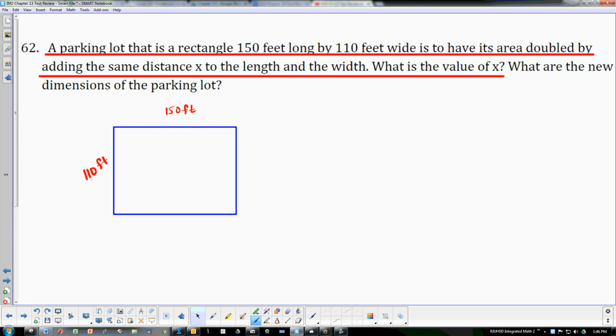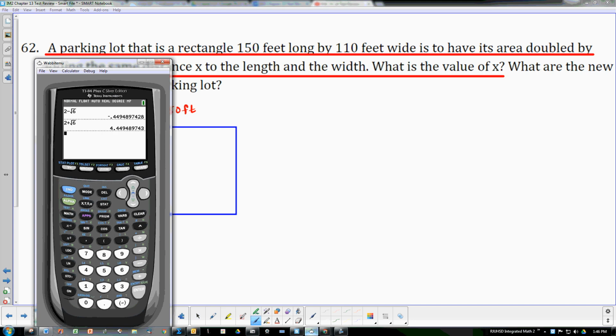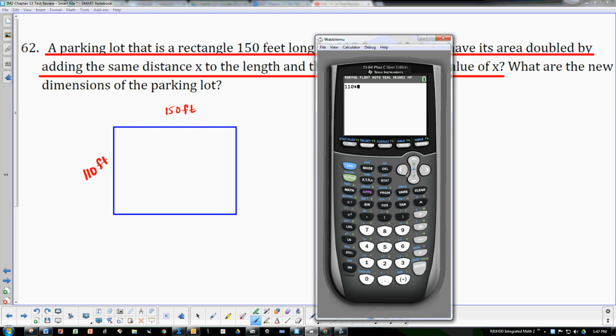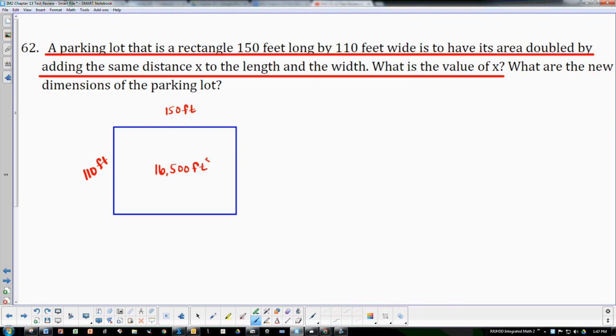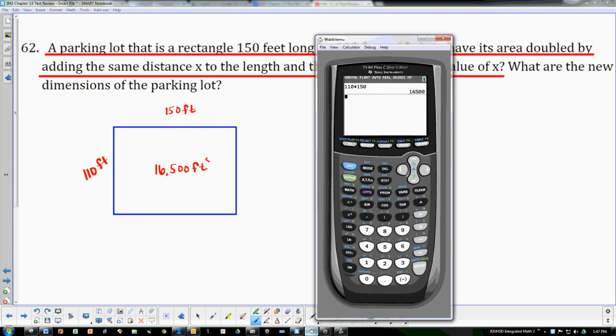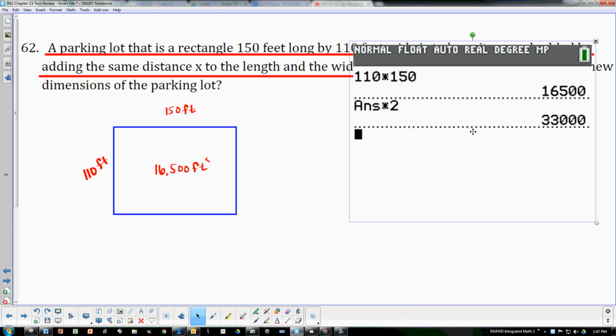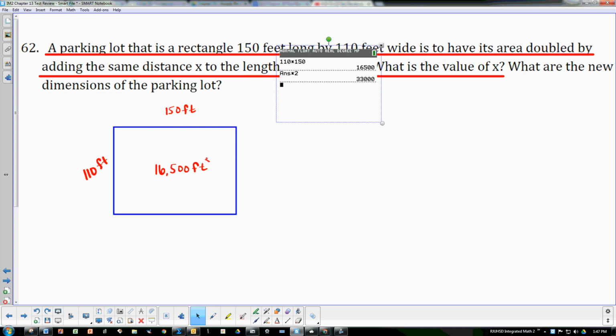If we were to multiply that out, this is going to be 110 multiplied by 150, and that's going to be 16,500 square feet. So now we want it doubled. So if I take this calculator again, times 2, that's what we want. We'll keep that in mind over to the side here.